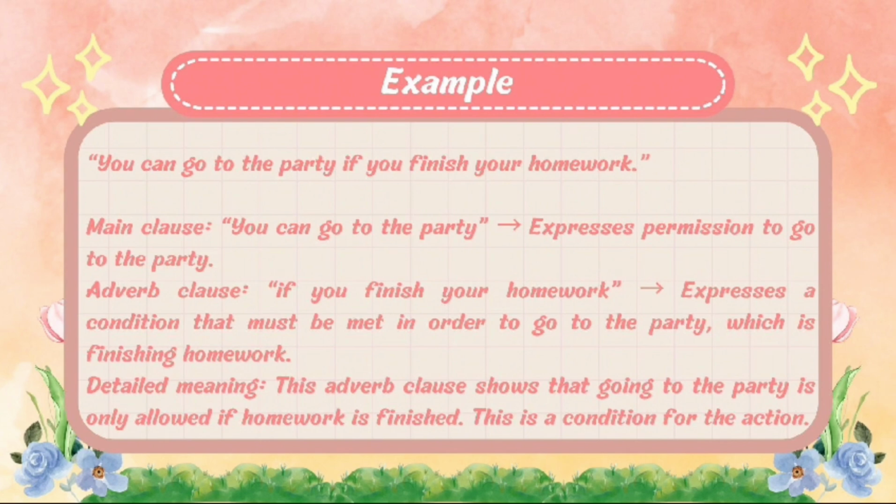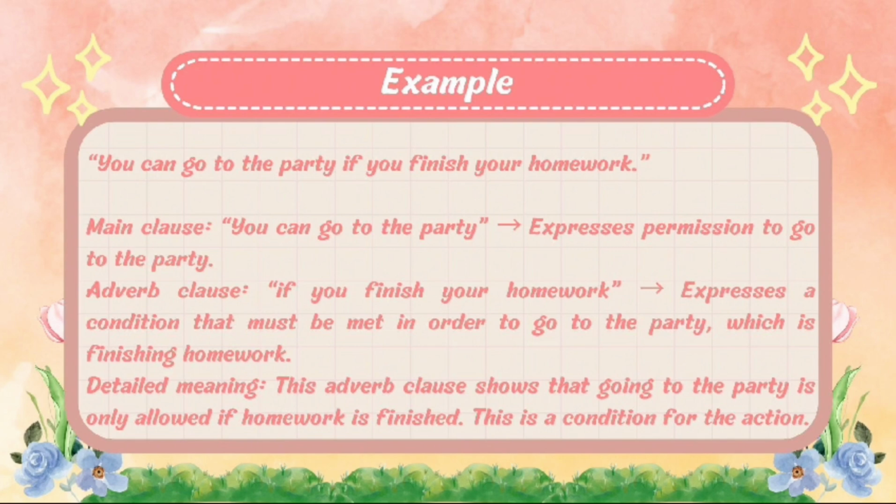Like the example, you can go to the party if you finish your homework. So, the main clause of this sentence is you can go to the party. This clause expresses permission to go to the party. And the adverb clause of this sentence is if you finish your homework.